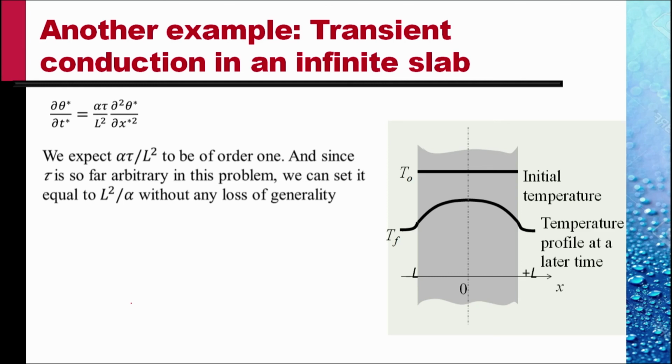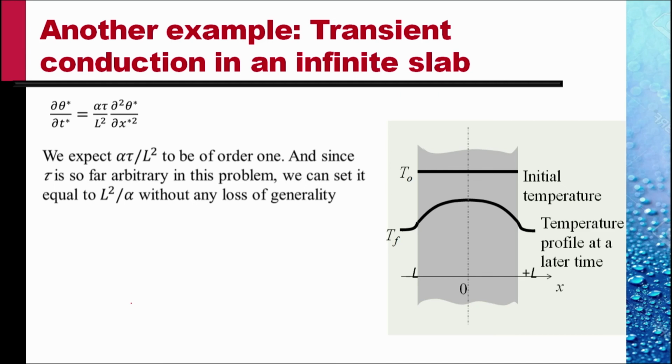So both terms would matter only if the coefficient alpha tau by L squared is of order 1. And since tau is so far arbitrary in this problem, we can set it equal to L squared by alpha without any loss of generality.